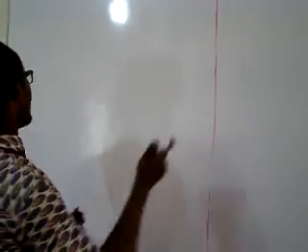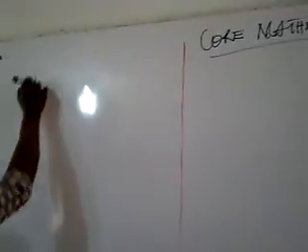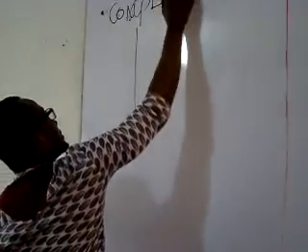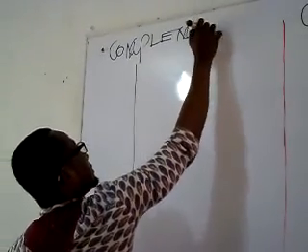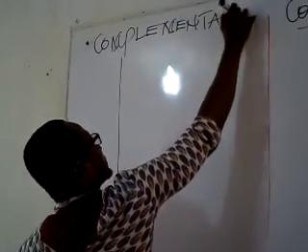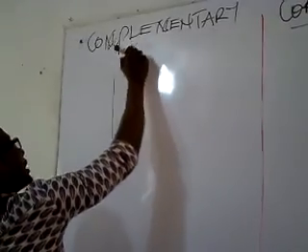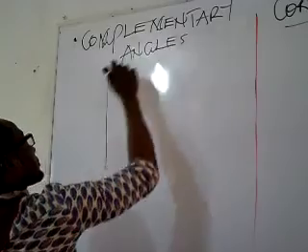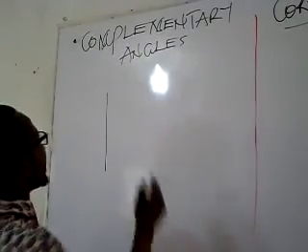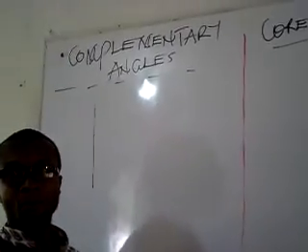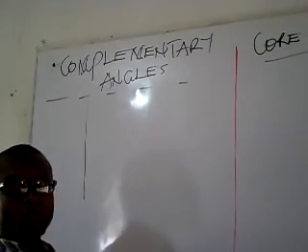Now, I can give a diagram, but before that, we have complementary angles. And I said earlier on that complementary angles are angles whose sum add up to 90 degrees.